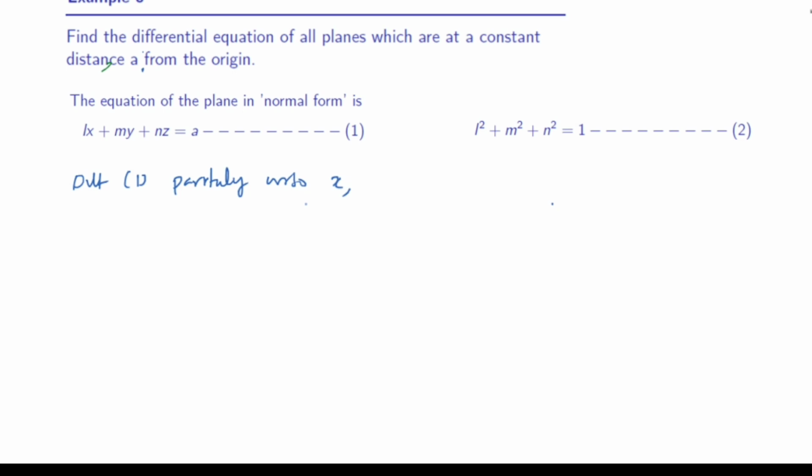We get L + 0 + n ∂z/∂x = 0. That means L + np = 0, which implies L = -np. We can keep this as equation number 3.